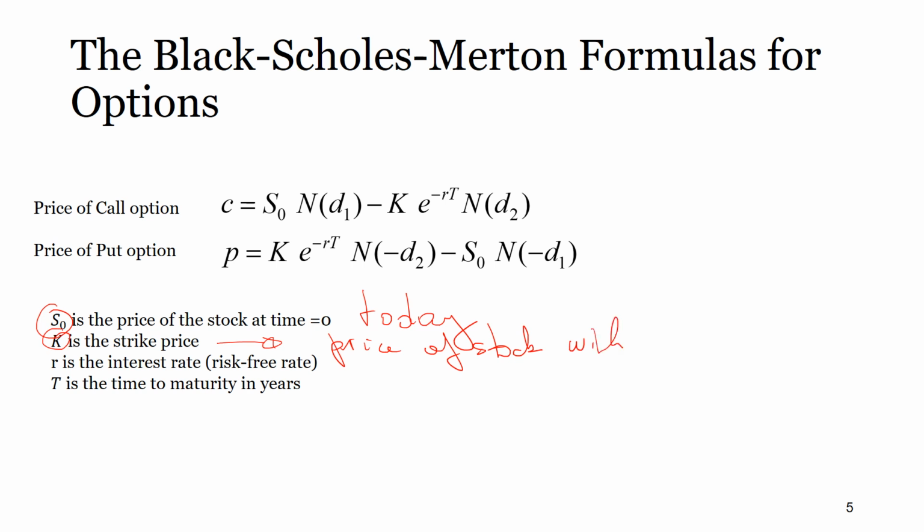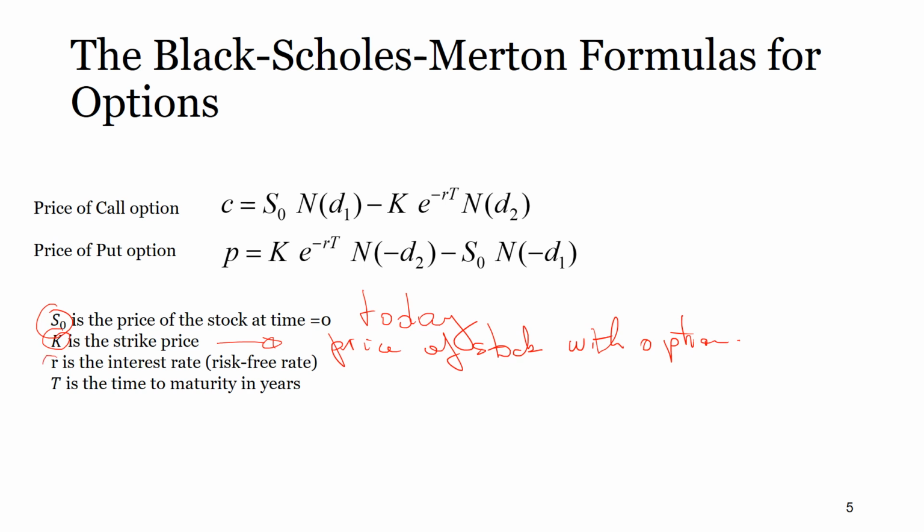So we have here two stock prices: one that is the stock price in the stock exchange, so S0, particularly today, and K is the stock price that you will have to pay if you use the option to buy the stock.